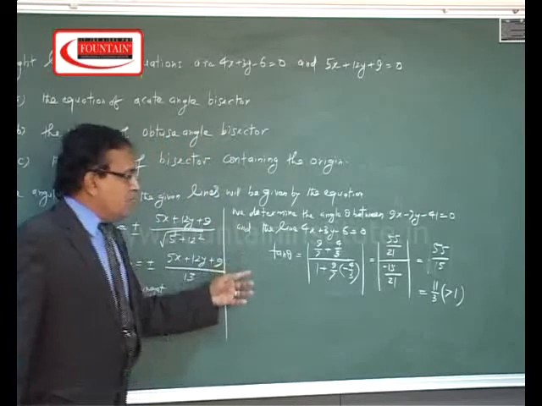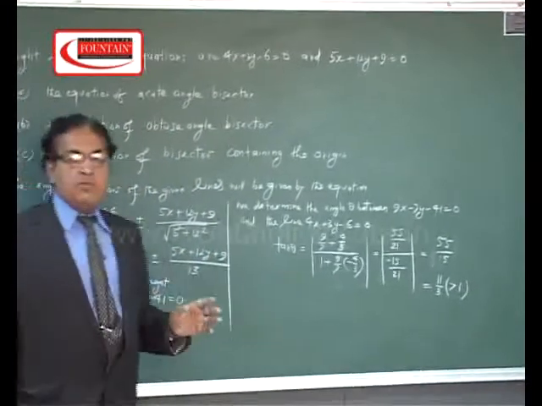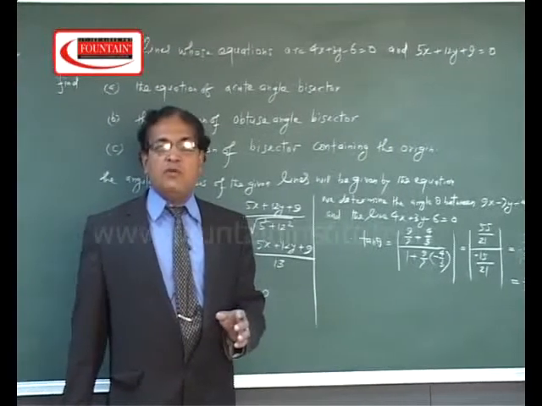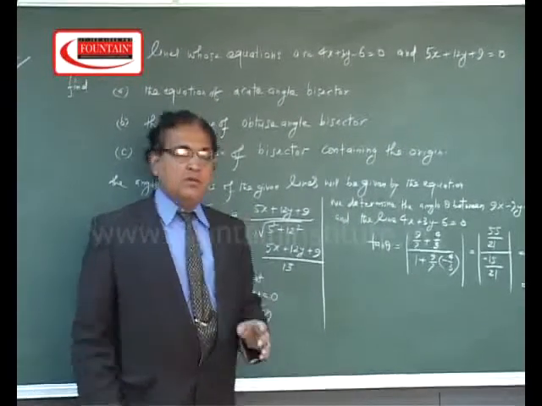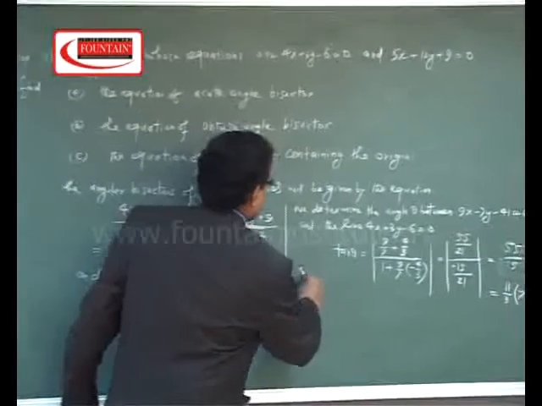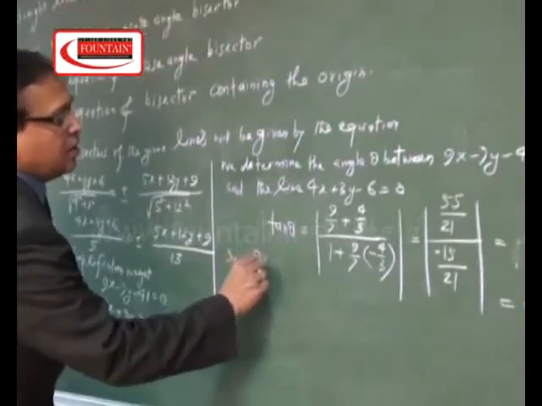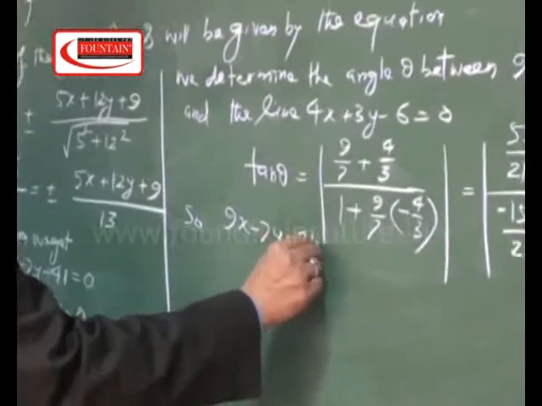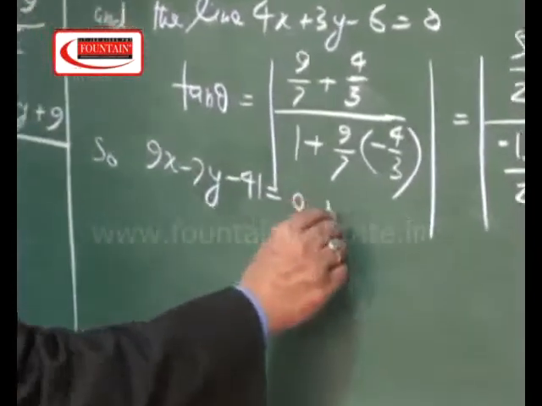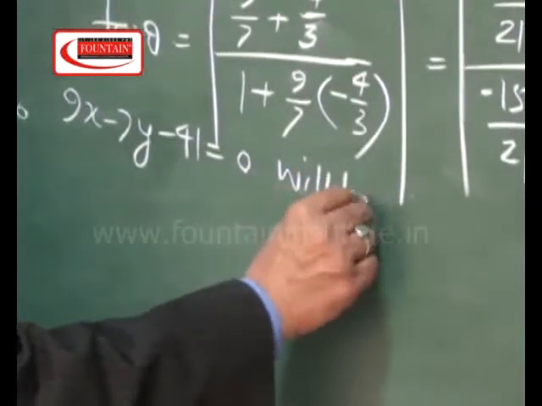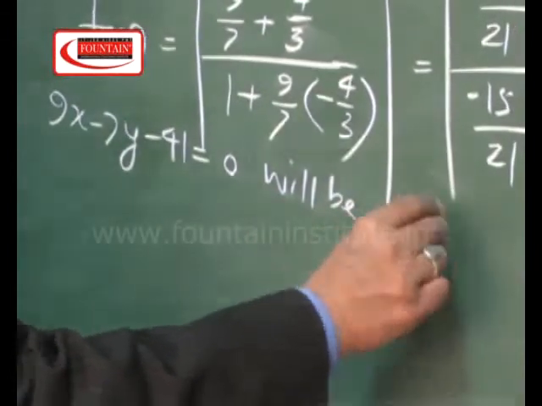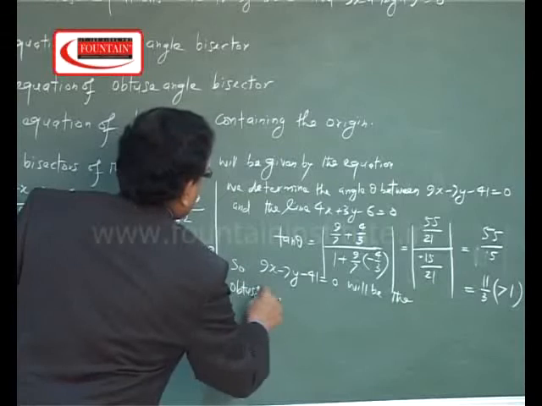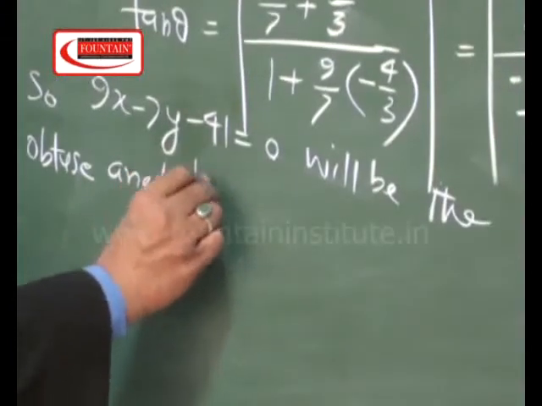So the equation 9x minus 7y minus 41 is equal to 0 will be the obtuse angle bisector.